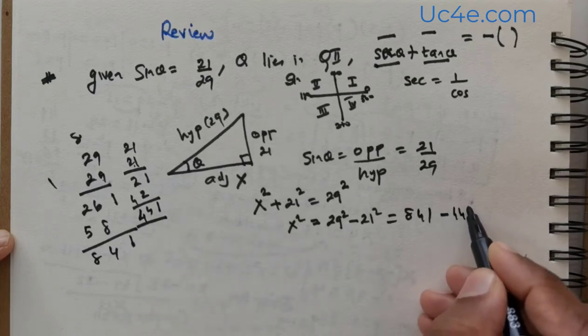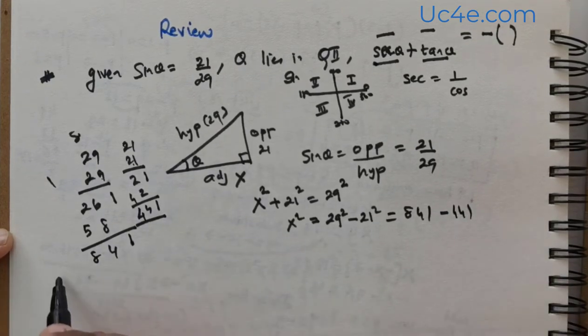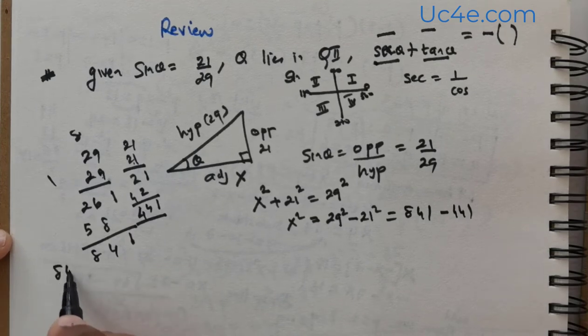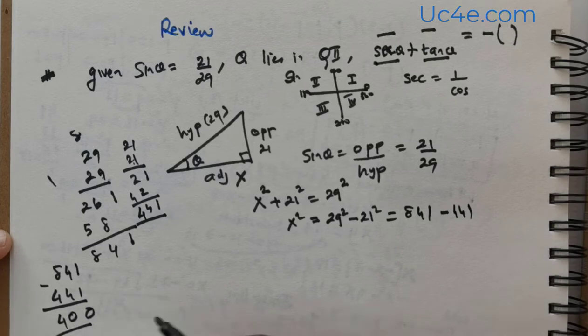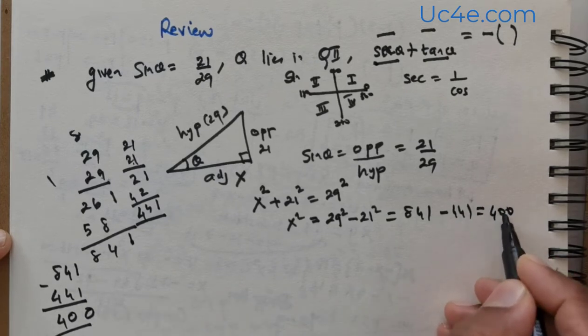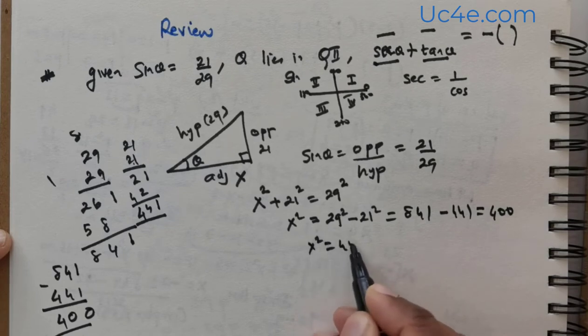So this is 441, and you have to subtract this. So 841 minus 441 is going to give you 0, 0 and 4. So this is 400. So x squared is equal to 400.